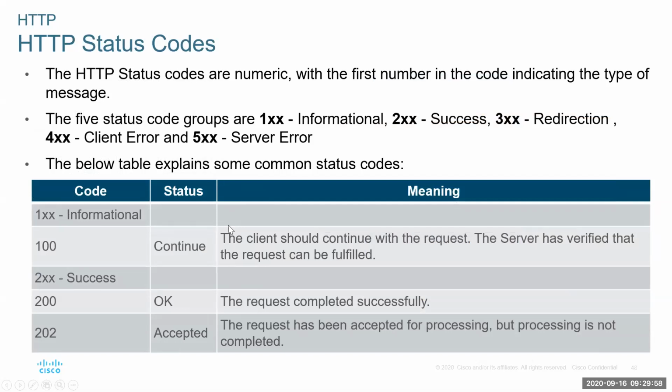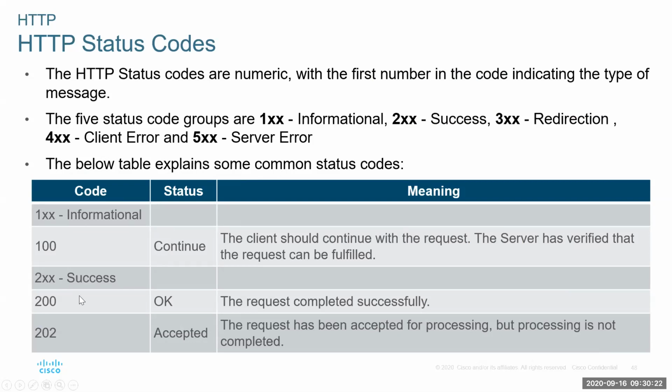HTTP status codes, there's a couple that you should be getting familiar with. Most of you have seen this. If you go to a website that doesn't exist, typically you see the dreaded 404. You may be seeing some other errors pop up. Maybe a server 500 error, which means that the server has an issue. 400 errors mean that the client has an issue. 100s are just informational.